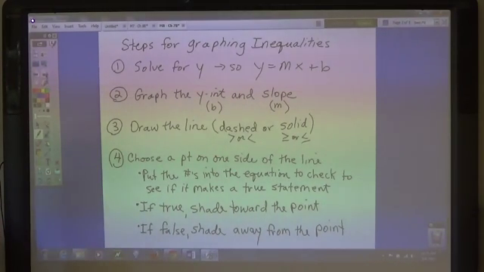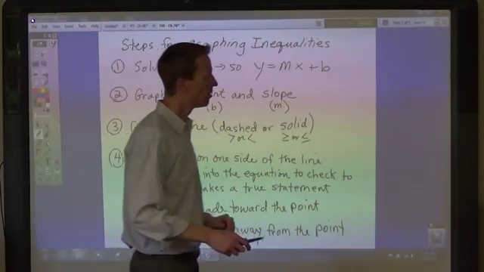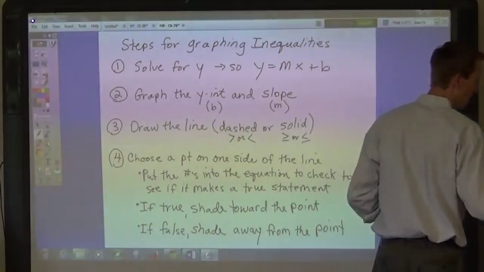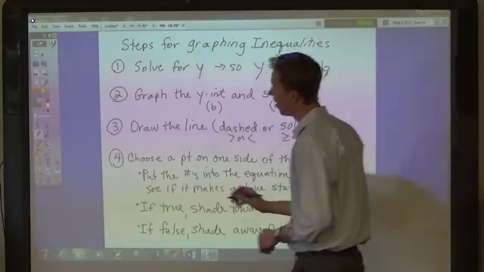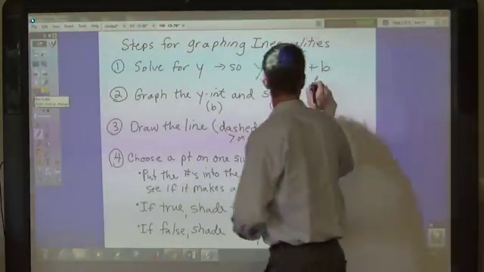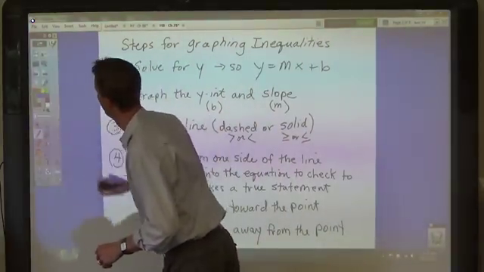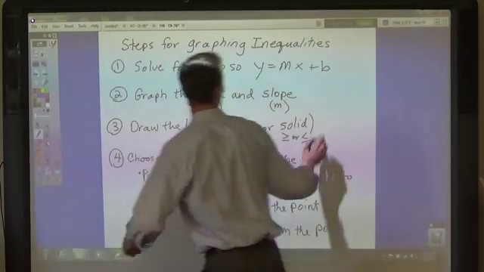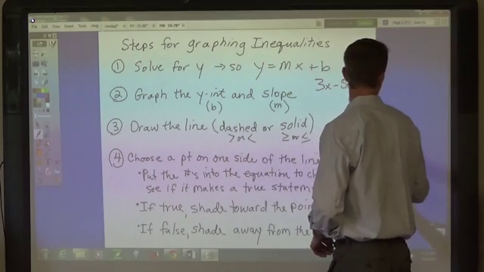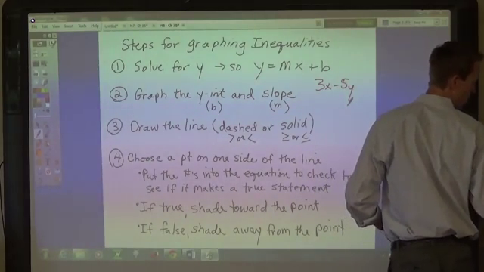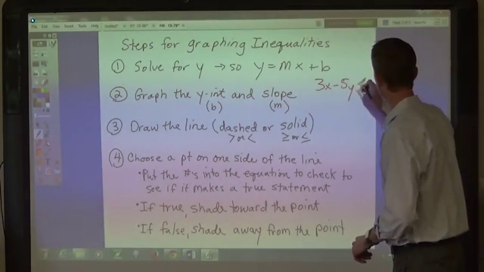If you have an equation, here's an example: 3x minus 5y is less than or equal to 10.